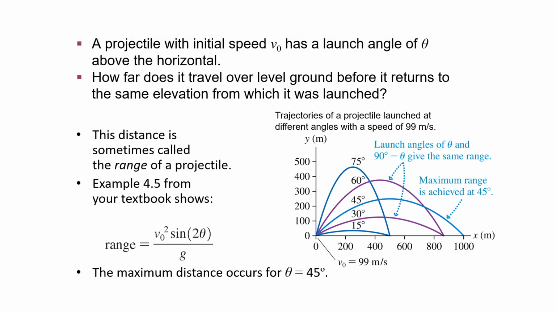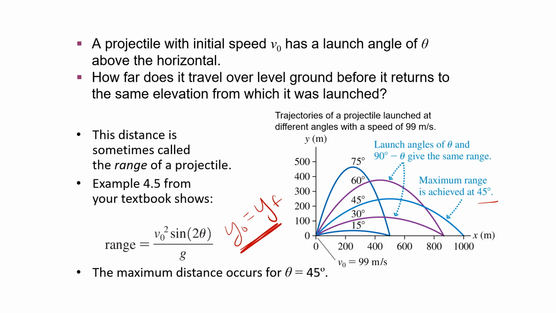Now, you can actually look through this range equation. This equation only works if your initial position is equal to your final position. That's the only time when this equation works. But you can use it to figure out how you can get the max range when you hit a ball. It turns out the max range depends on your speed, but if you fired a bunch of balls with the same speed at different angles, you'll get the maximum range at 45 degrees.